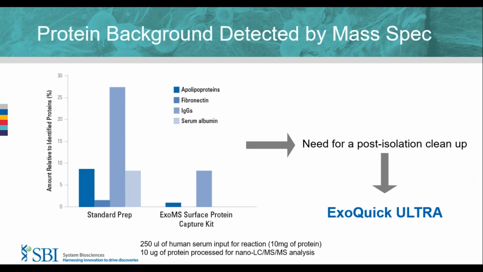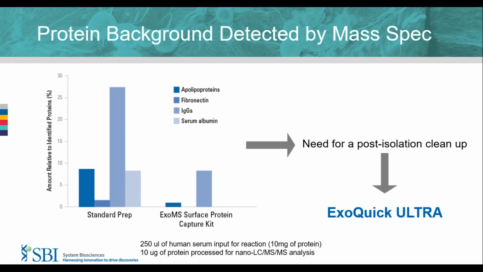This is data that we generated in-house, where we compare mass spec of either a standard prep or a surface protein capture kit. You can see that the percentage of reads that map to apolipoproteins, fibronectin, IgGs, serum albumin, when there is no post-isolation cleanup, is extremely high.